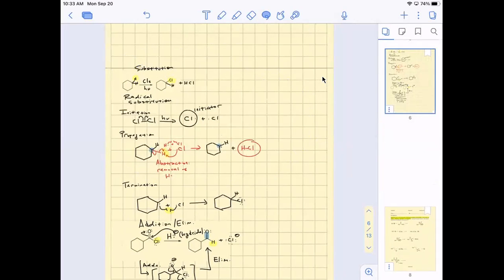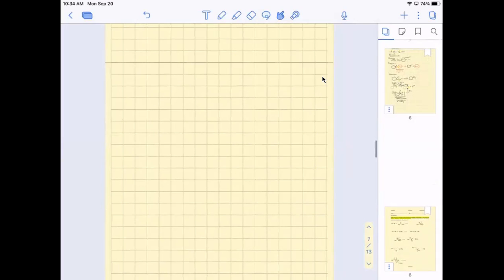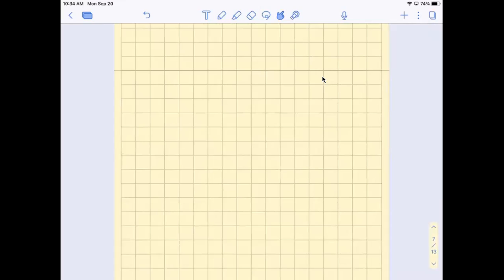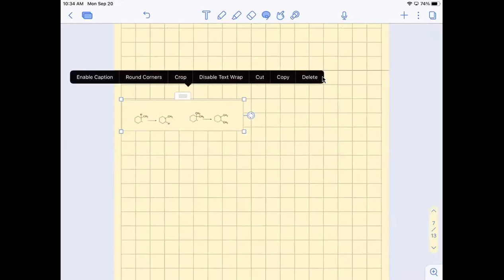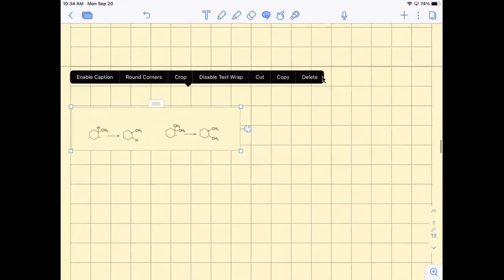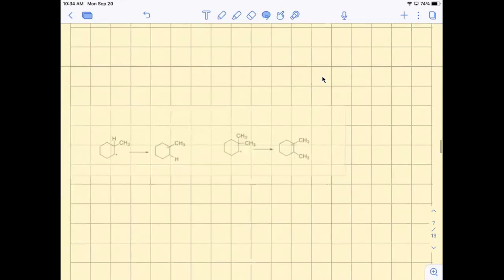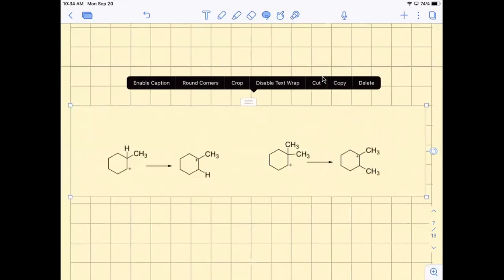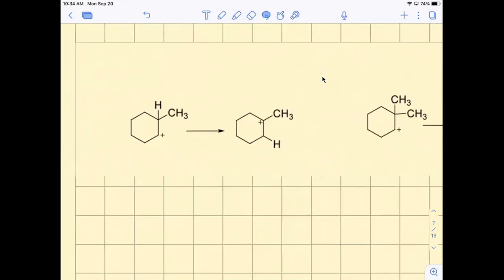All right, come on. All right, so we got two examples here, and I don't need a whole page for that, but we're going to actually talk about a couple of concepts here.